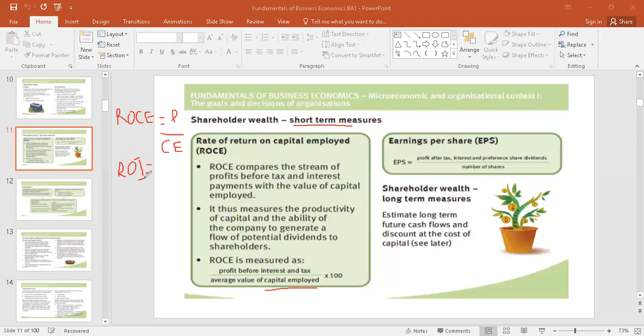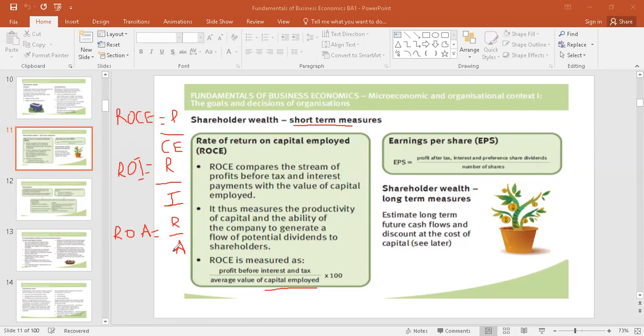If capital employed is not known, we can use profit upon the investment amount, or return on investment, or sometimes interchangeably ROA, return upon the total assets, since the capital raised is invested into the total assets. That is the concept of ROCE, ROI, and ROA.